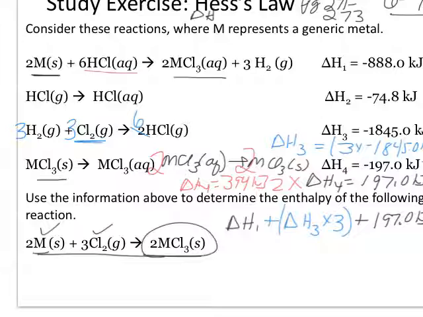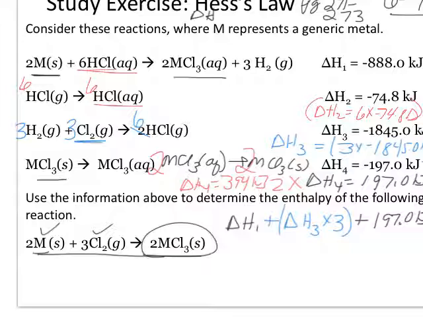So if this is 6 HCl hydrochloric acid aqueous on the reactant side, do you see it on the product side? Because if it has the same amount on the reactant side and the same amount on the product side, you can cross them out. This is the only one I see. However, it doesn't have a 6 in front of it, so I'm going to multiply 6 through, and that means I got to do this delta H2, 6 times the negative 74.8 kilojoules.